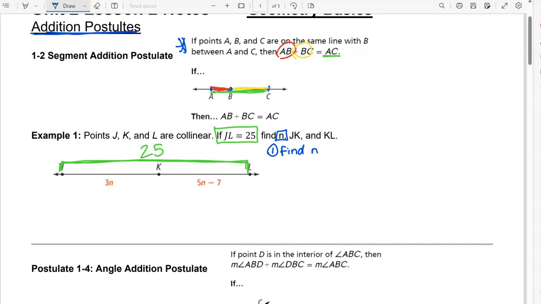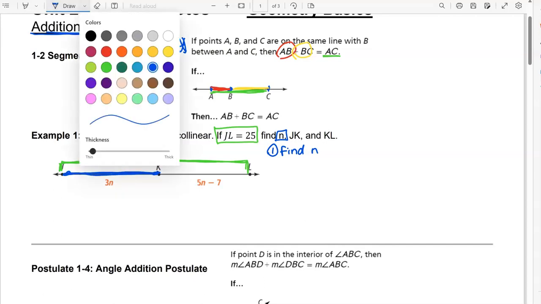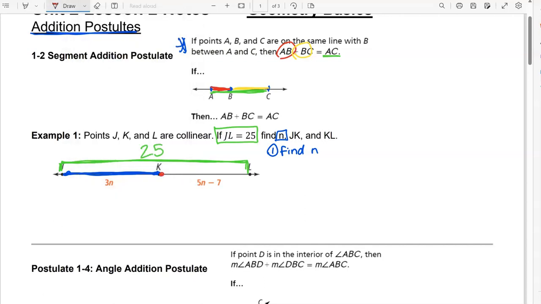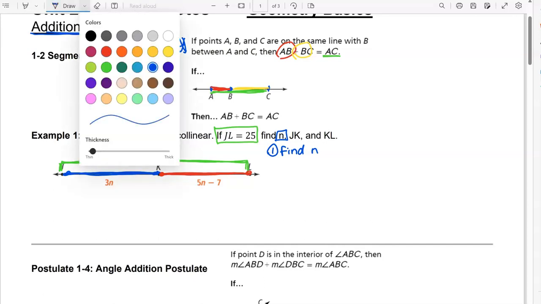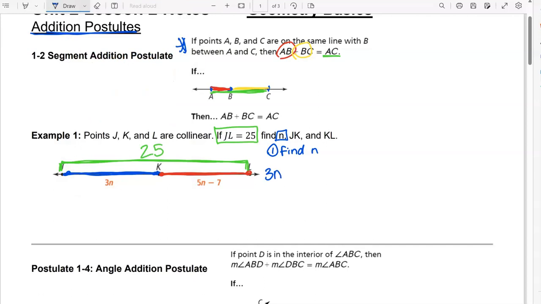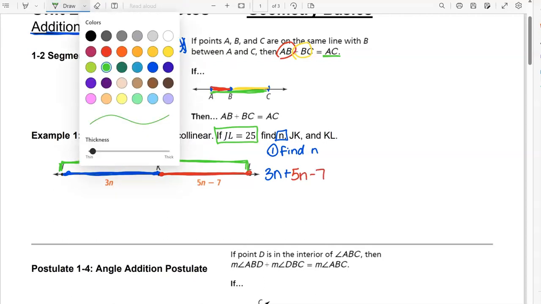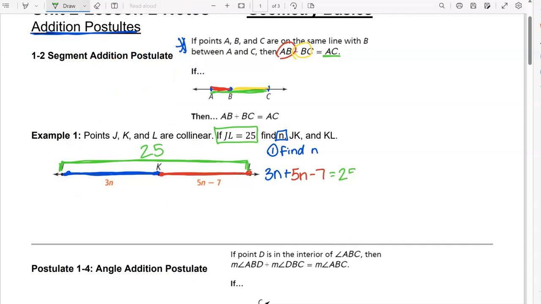All right, to solve for n, we can see that JK right here is a piece of our segment. And then we also have KL right here, another piece of our segment. According to our segment addition postulate, we should be able to add one piece of our segment to the other piece, and it should equal the total length of the segment.